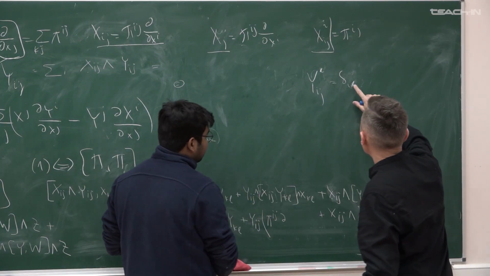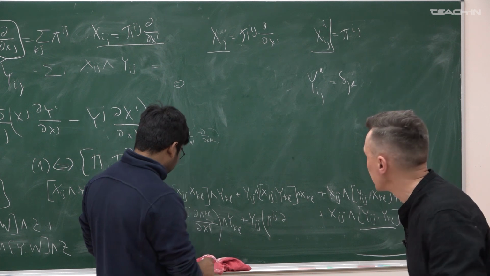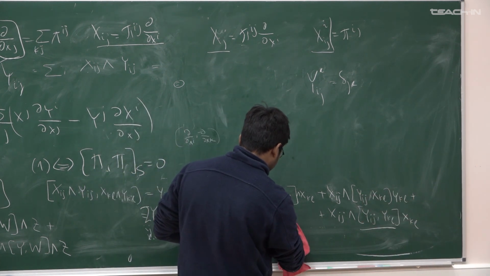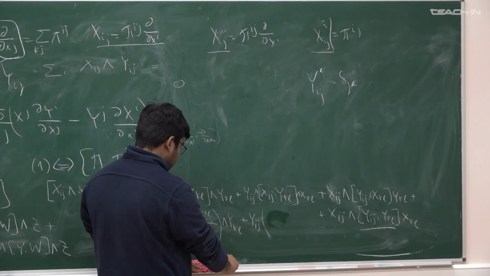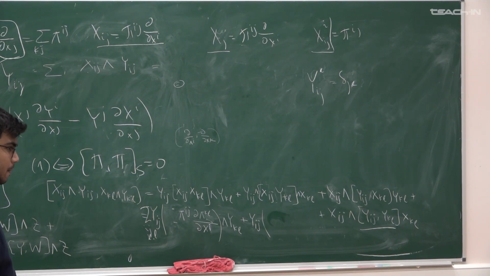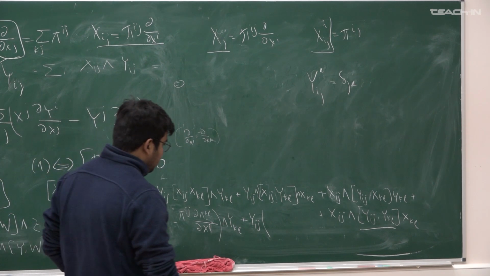Maybe j. Maybe j. But you see, there will not be differentiation of this, so they are constants. The coefficients of y are constants. Yes. So in that case, it will be just, so it will not be 0.